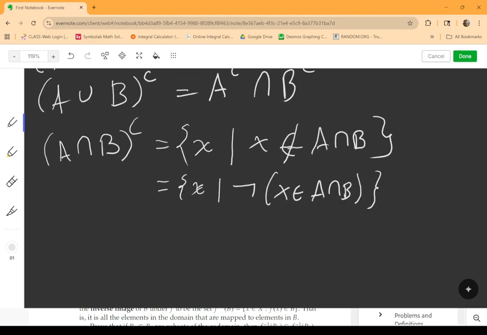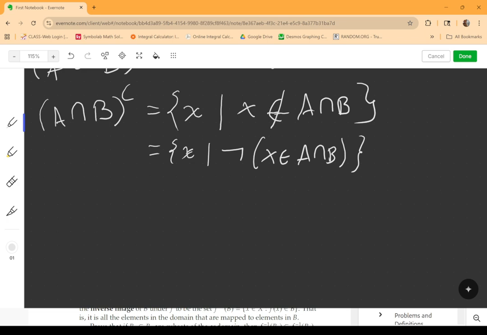All right, and now for these sets, I'm able to write the intersection, in this case, as a conjunction. Sorry, conjunction here.